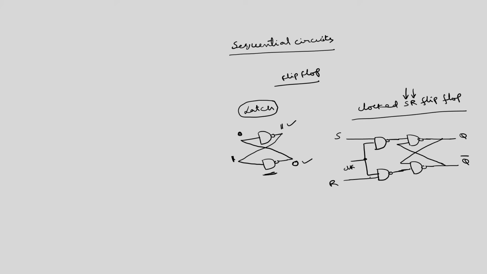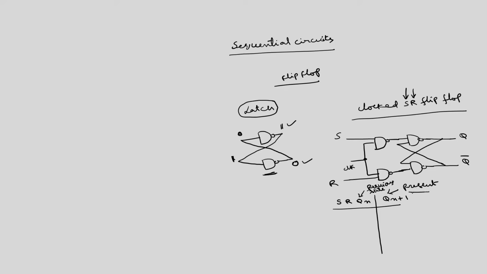So, in order to understand the operation of the circuit, I call Qn the previous state and Qn plus 1 the present state. One point that you have to note here is, in sequential circuits the output not only depends upon the present input, but also on the previous output.